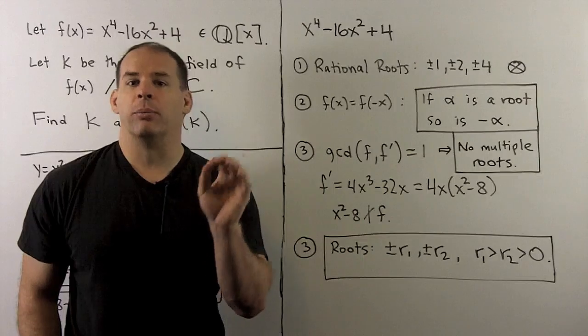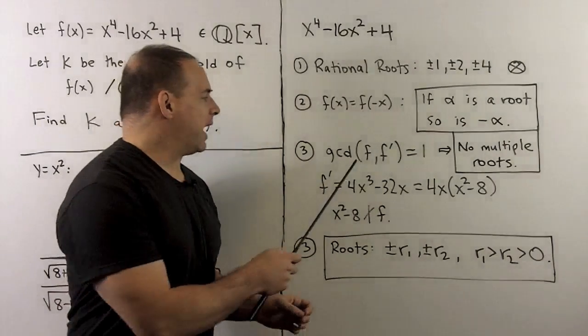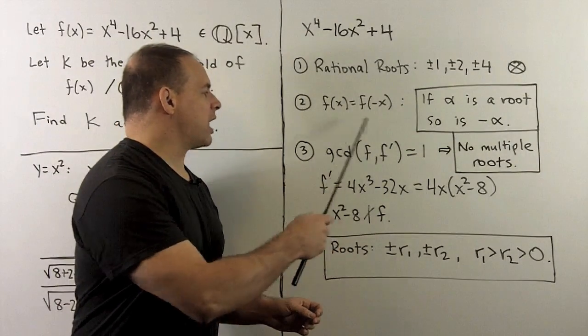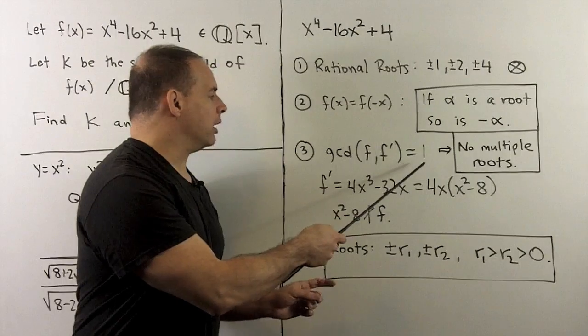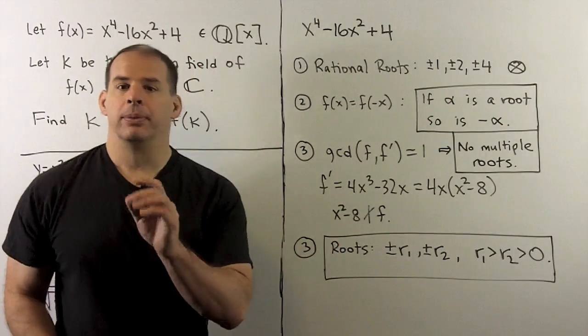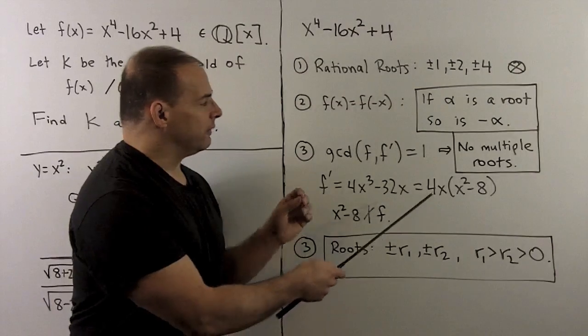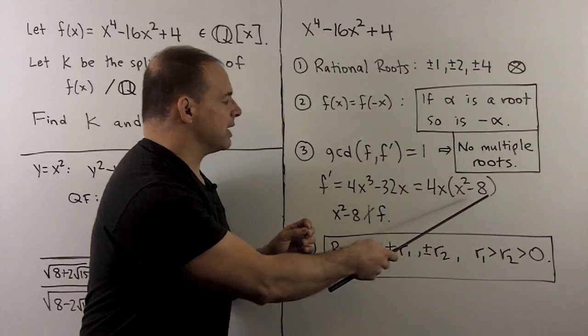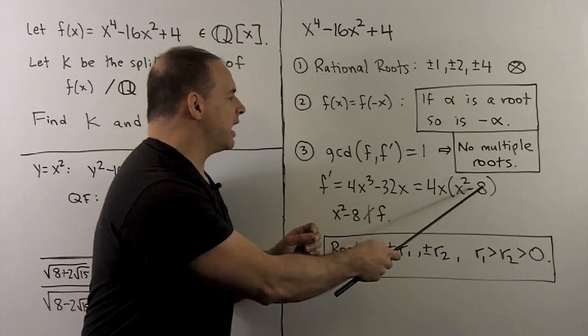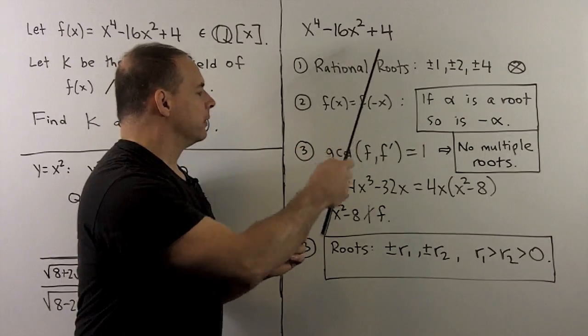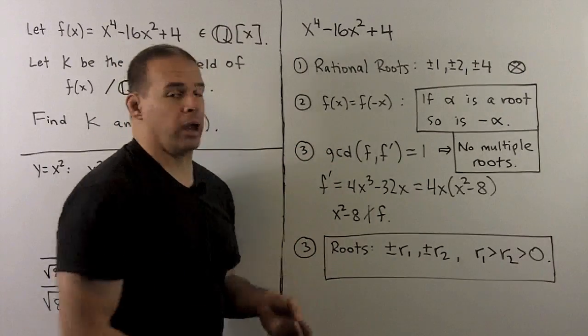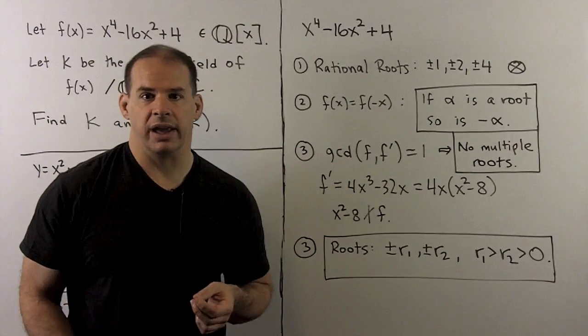So this is our test for multiple roots. If we have a multiple root, then this greatest common divisor is not going to be equal to 1. Now, if we take the derivative, we get 4x cubed minus 32x. We factor, I get 4x times x squared minus 8. And we note x squared minus 8 does not divide our function, so the greatest common divisor is equal to 1. So no multiple roots in this case.